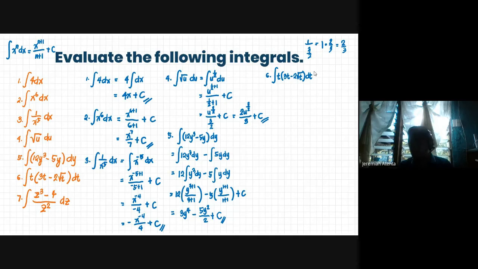Okay, Angelique. We have t cubed minus 4 fifths t to the 5 halves. So I think the same answer with Owen.